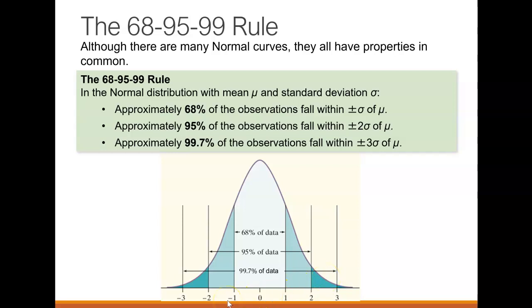So if I ask you how much of the data is between -1 and -3, well, there's 2.35 plus 13.5, and you're done, right? Or if I ask you between -2 and +1, 13.5, 68, add those together, you're done. Is everybody okay with that?